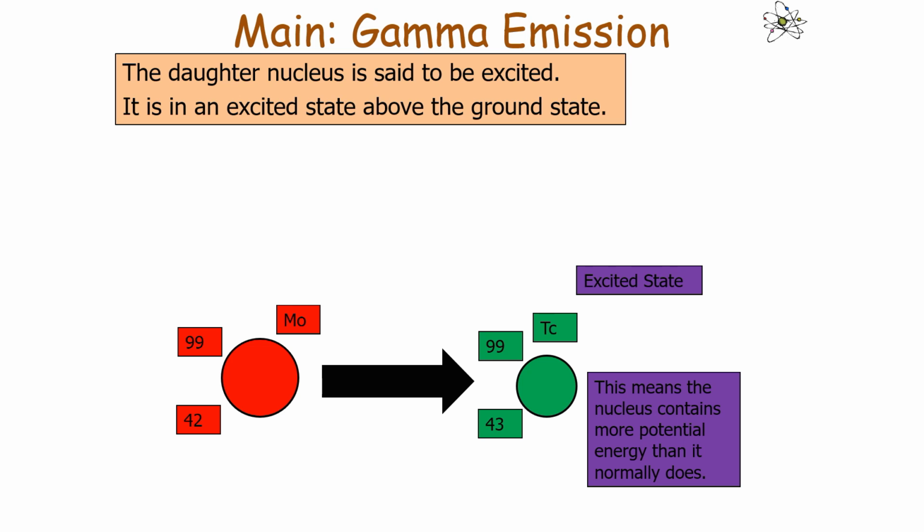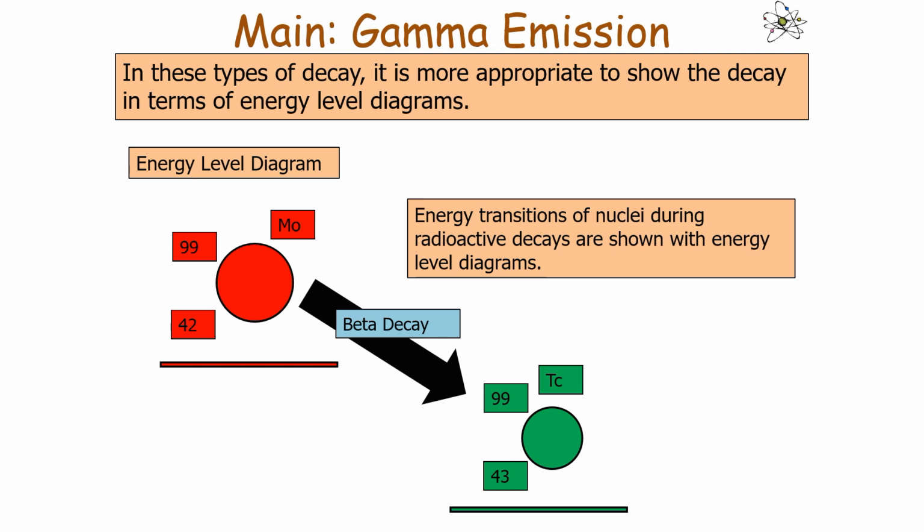So in this example, technetium is excited, so this means that the nucleus of technetium contains more potential energy than it normally does. In these types of decays, it's more appropriate to show the decay in terms of energy level diagrams. So energy transitions of nuclei during radioactive decays are shown with energy level diagrams.